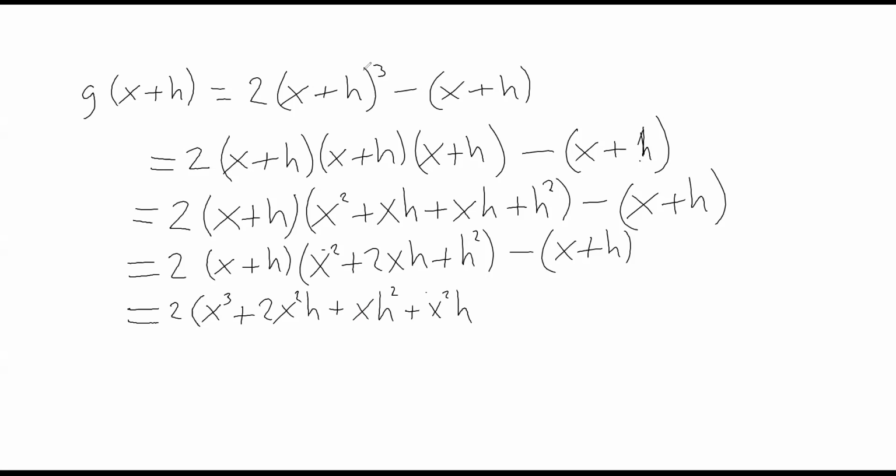H times 2xh would be 2xh squared, and then h times h squared, which is h cubed. All that still has to be multiplied by 2, and then we're going to subtract the x plus h.